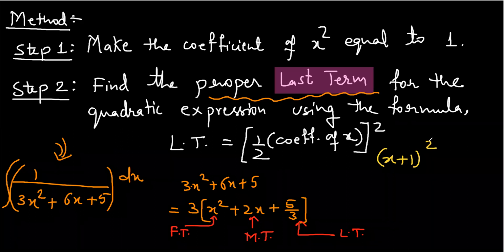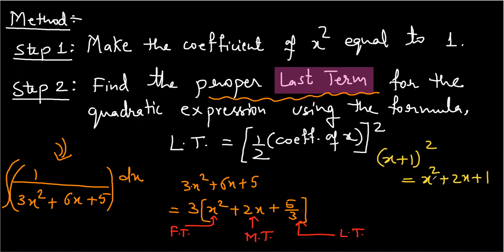If I expand, I will get x square plus 2 into x into 1, that is 2x, plus 1 square, that is 1. So x square plus 2x plus 1 gives me a perfect square, x plus 1 the whole square.